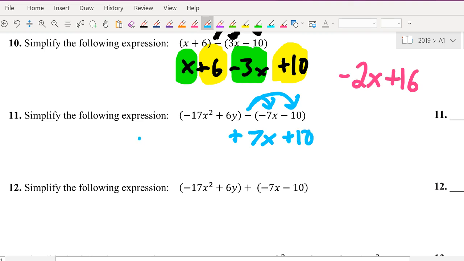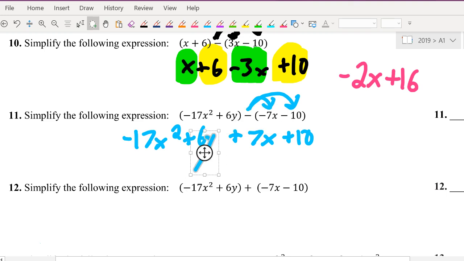Alright, so let's write down the first part. -17x squared plus 6y. Alright, now what? Combine like terms, okay? What do we do? Very good. No, he's right. Say it again. There are no like terms.